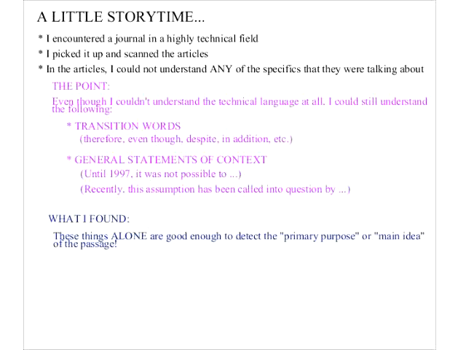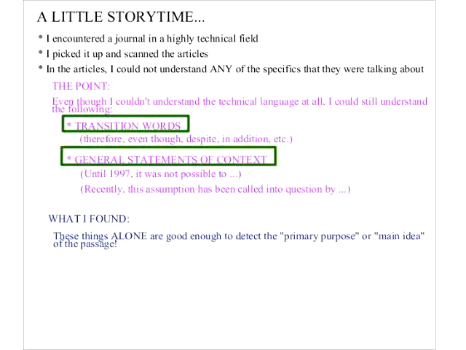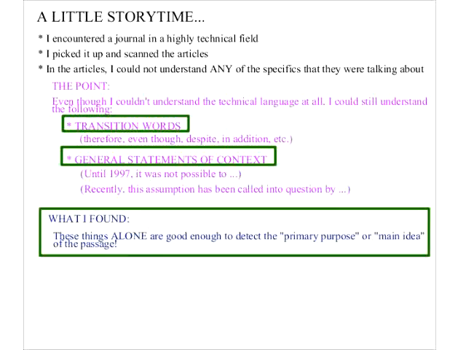Even if you don't understand anything that's going on in the specifics, you can still look at the transition words in the passage and at general statements of context that are not specific, and I found that this was plenty good enough. So what we're going to do in today's study hall is apply this insight to some RC passages from GMAT Crack, and we'll see how that pans out.